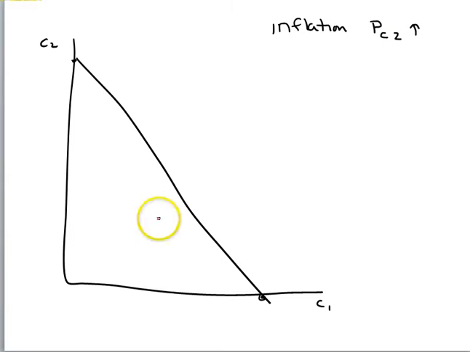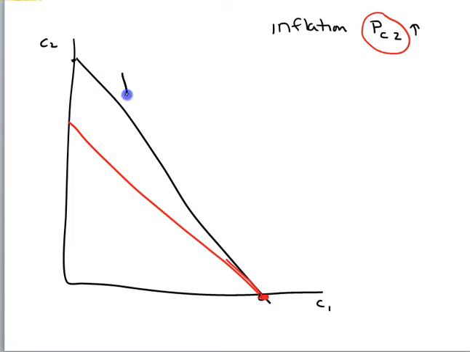What that will do is change our budget constraint, where the budget constraint rotates around the maximum quantity of the good whose price doesn't change. The price is not changing in year 1, and we will be able to purchase less. So we see a downward movement of that budget line if we expect an increase in prices in year 2.